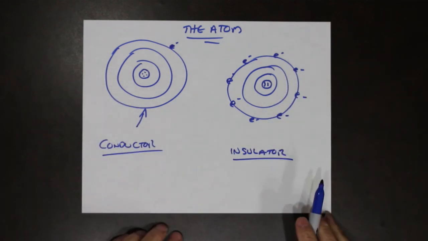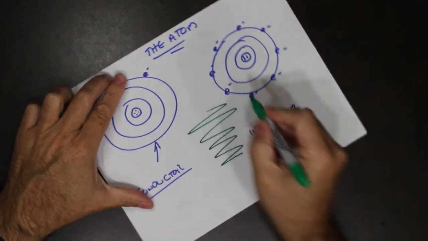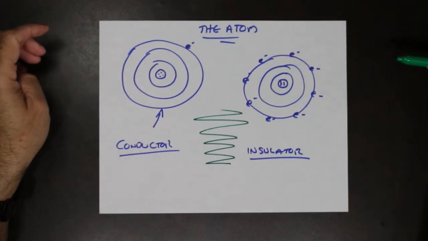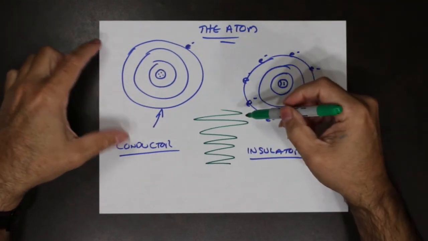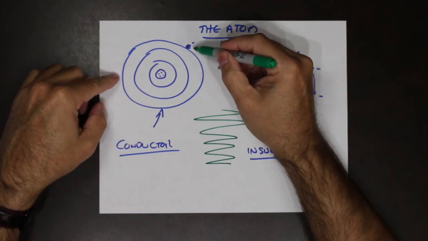So the idea is if we applied some energy to these two types of atoms, this energy is going to be absorbed by the valence shell electrons.